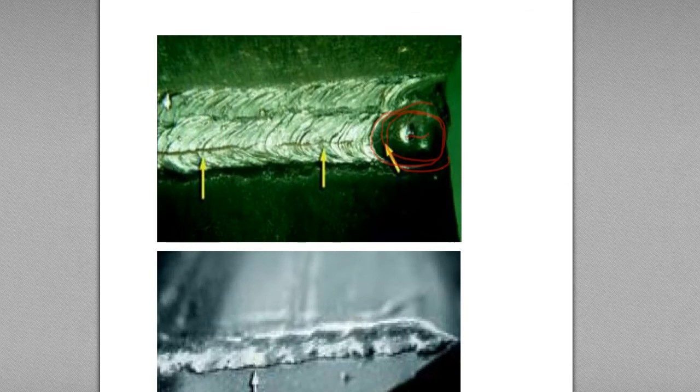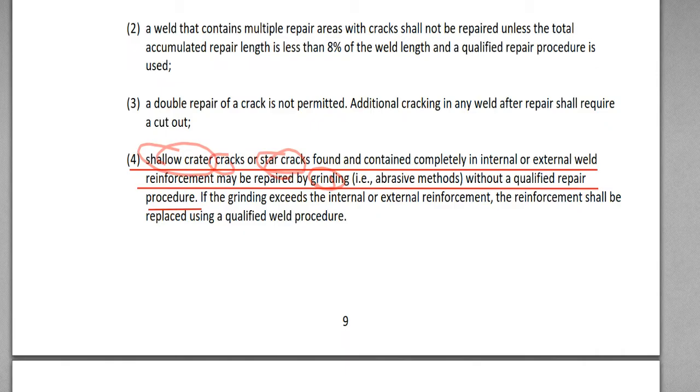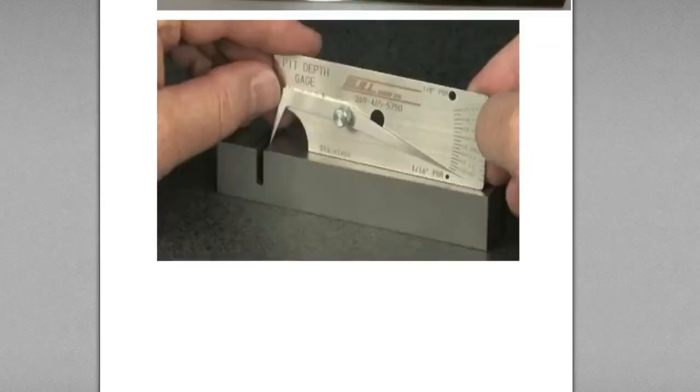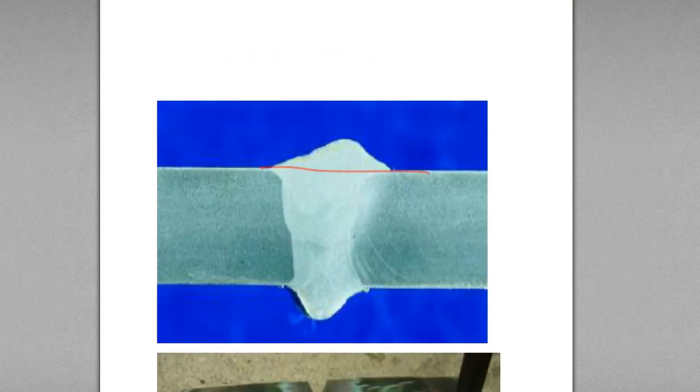Star cracks and crater cracks are almost always at the end location of the bead or the start location of the bead. These shallow crater cracks and star cracks can be removed where internal and external weld reinforcement, this is outside, so this is reinforcement, which is external reinforcement, and this is inside, so this length is the internal reinforcement.